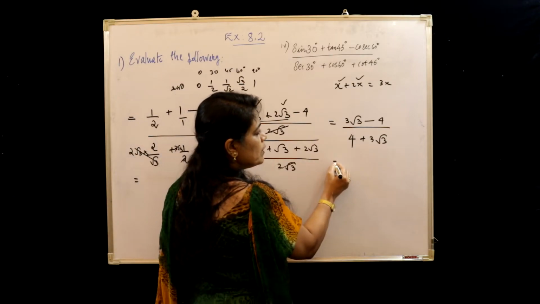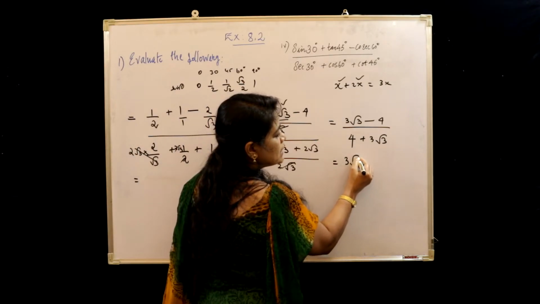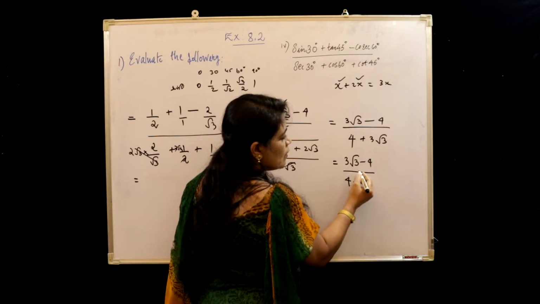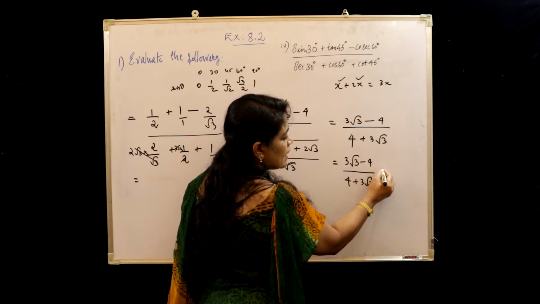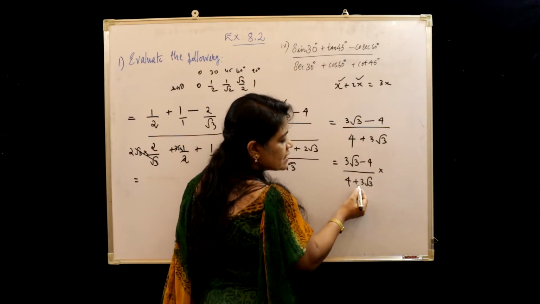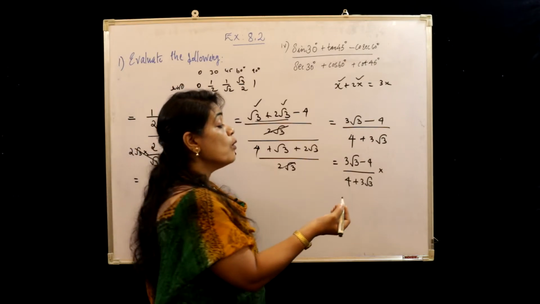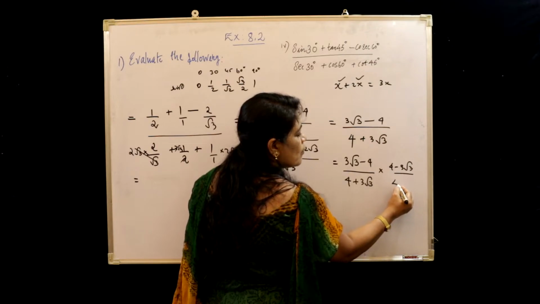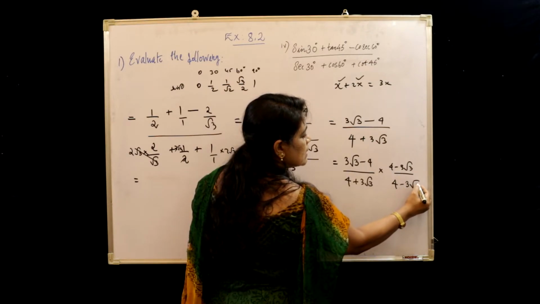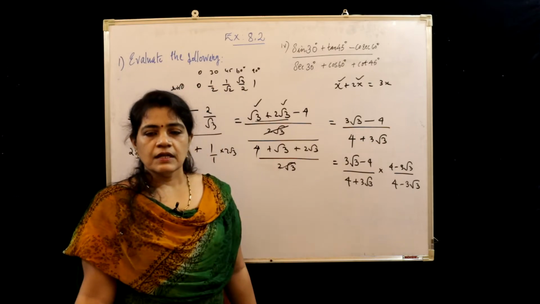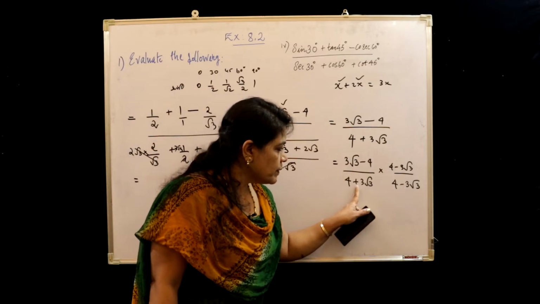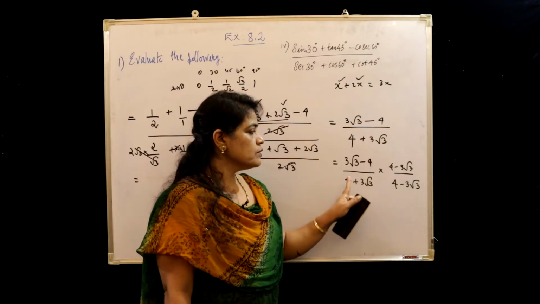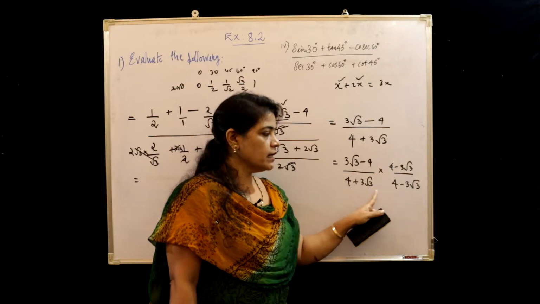That means it will be of this form: 3 root 3 minus 4, multiply this fraction by the irrational factor. Since they are connected by plus, you can multiply with 4 minus 3 root 3 divided by 4 minus 3 root 3. Are the steps clear, children? Since they are connected by plus, this number should be connected by a minus sign. So multiply the numerator and denominator.